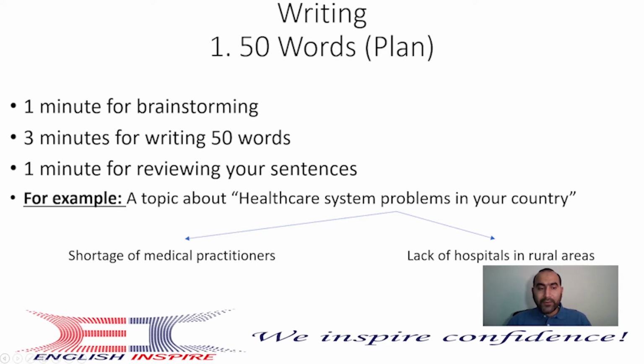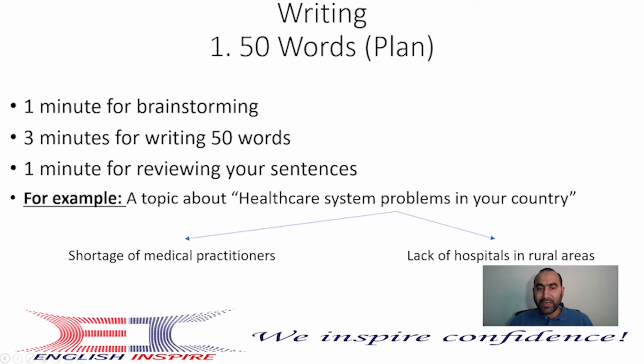For example, here, let's imagine that this is the topic that we're gonna have in the real test. The topic is about healthcare system problems in your country. So, following the plan above, you should allow yourself 1 minute for brainstorming.